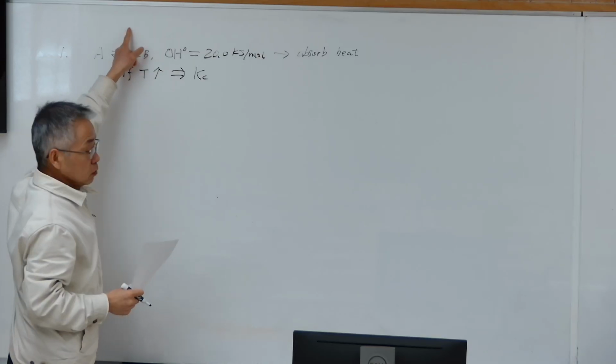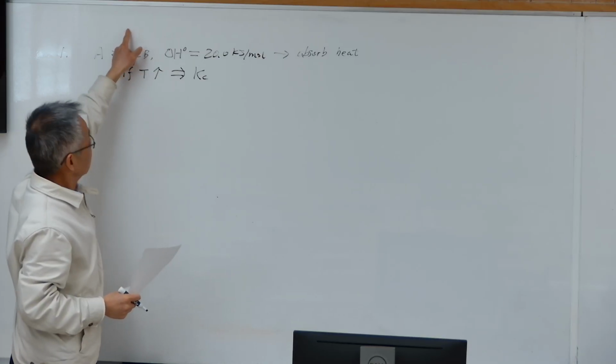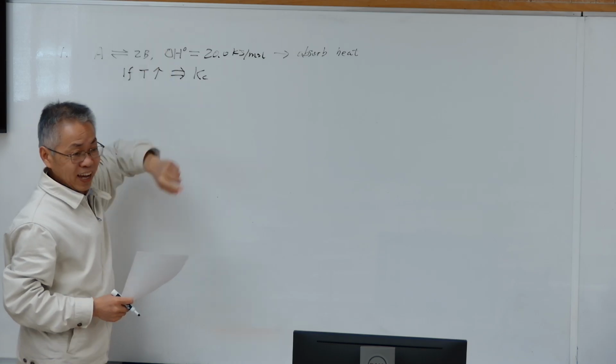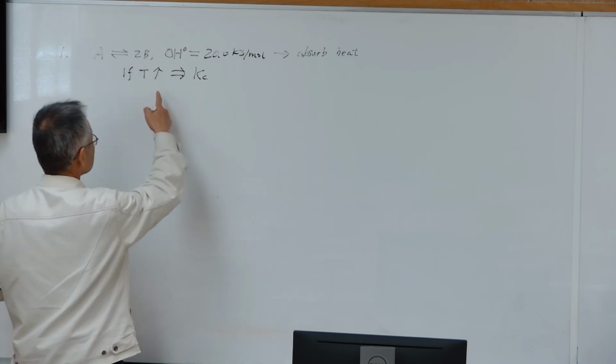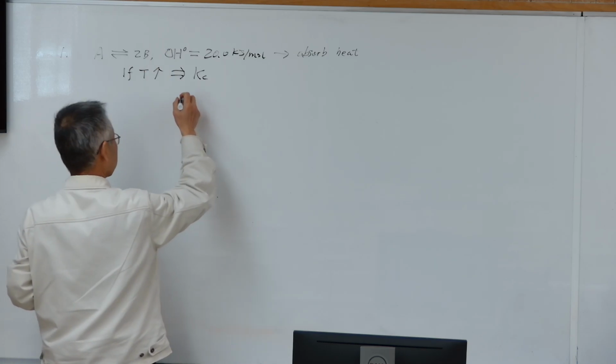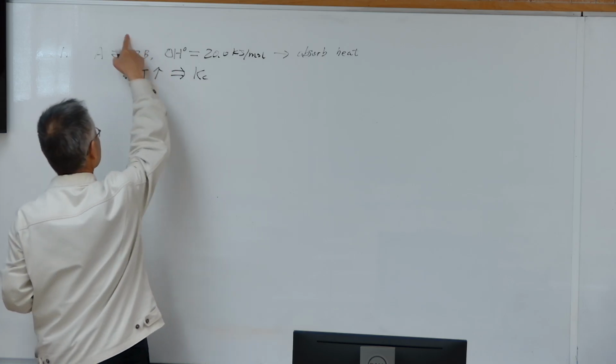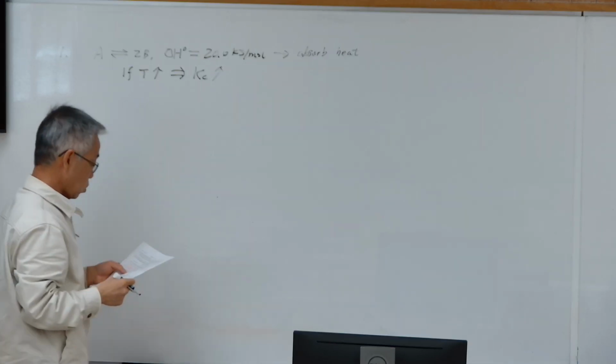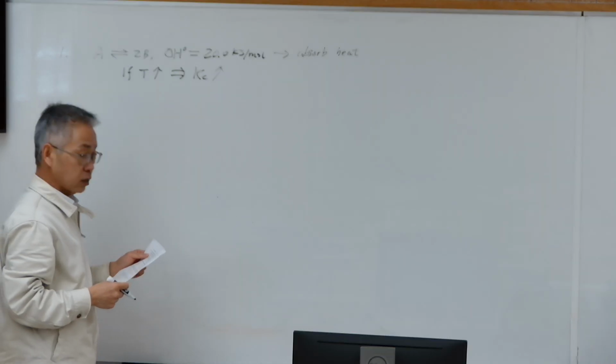If you raise the temperature, then clearly the equilibrium shifts toward the right. So when temperature is raised, equilibrium shifts toward the right, then Kc will be greater or larger.